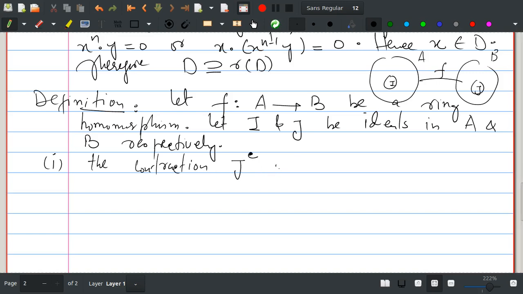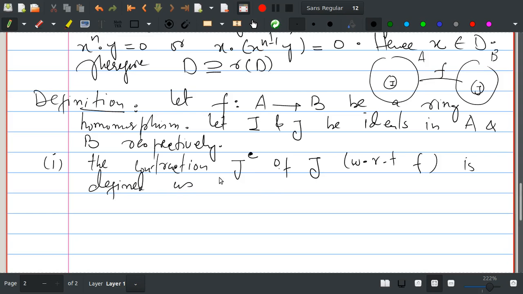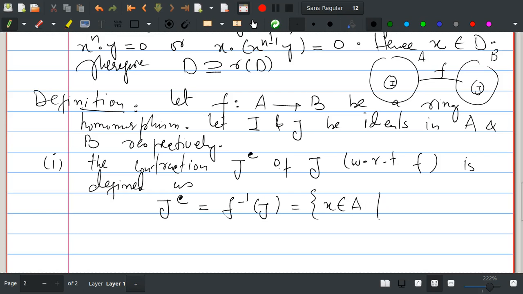So the contraction of J with respect to this ring homomorphism f is defined as the inverse image of J, which is by definition all those elements in ring A whose image is in J. So we know that this inverse image is an ideal. So this contracted ideal is actually an ideal.